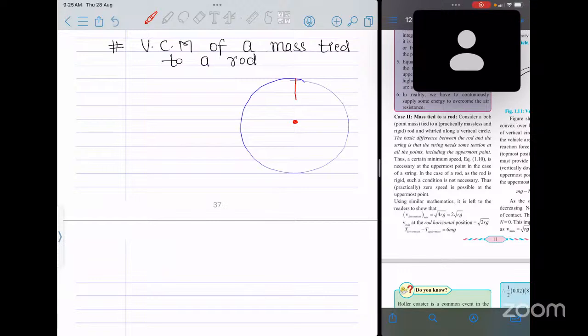There is a rod, not a string. Okay. And a mass is connected with it. And this rod is rotating the mass in vertical circular motion. So we have to find out minimum possible speed at lowermost point and also tension. Okay.